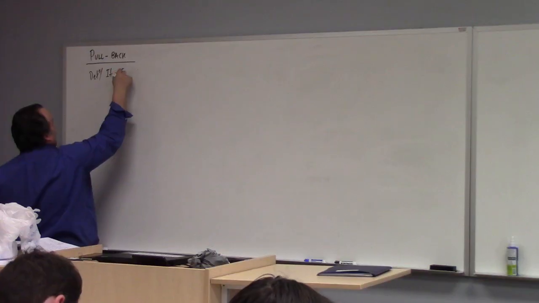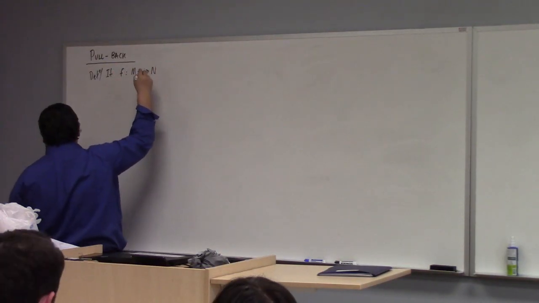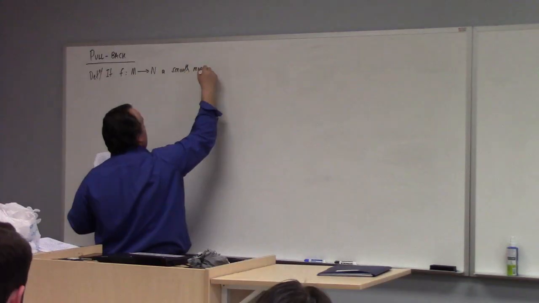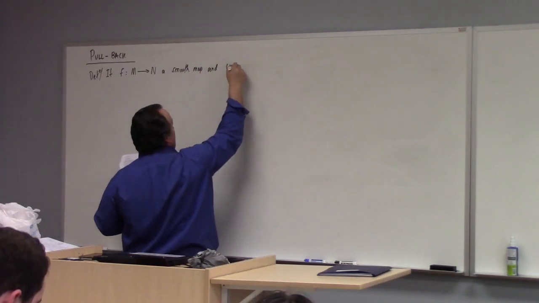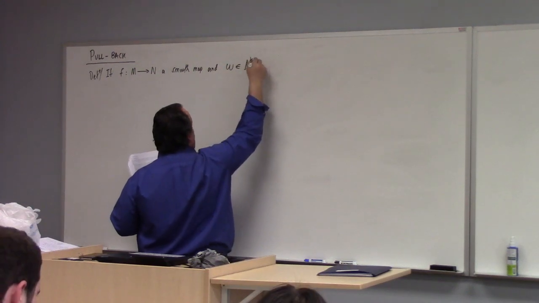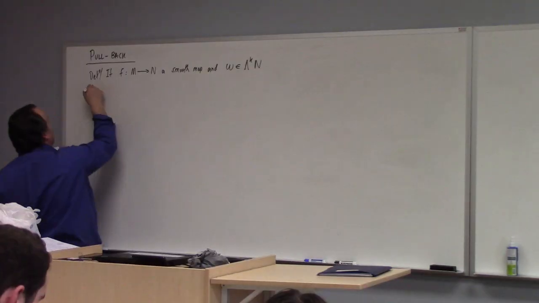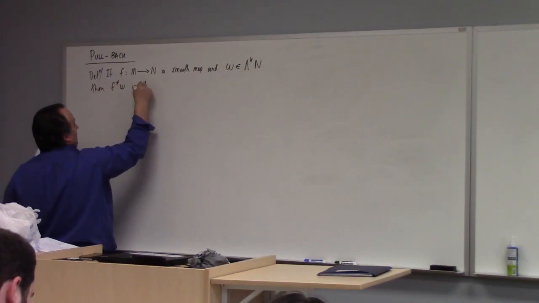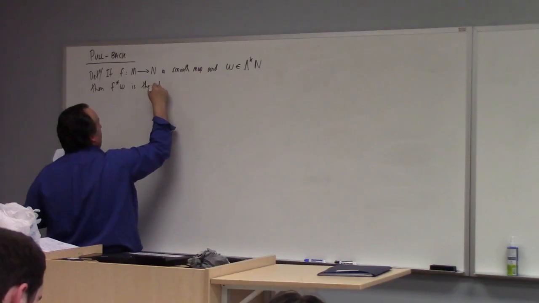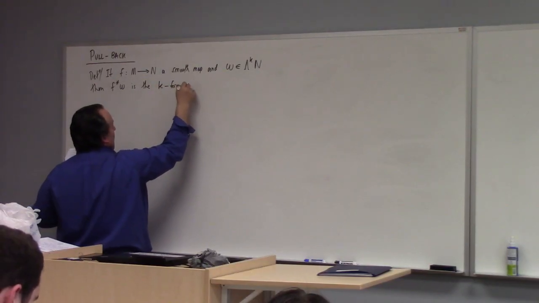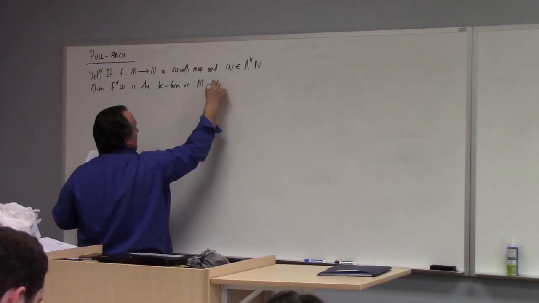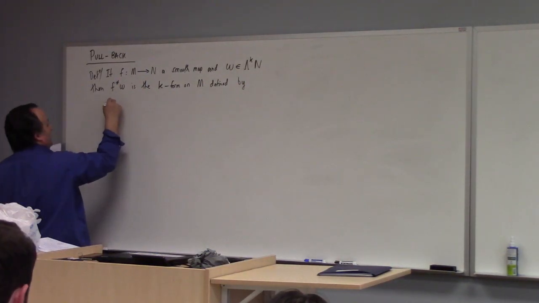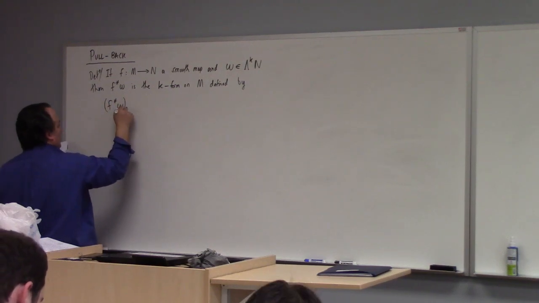If F is a smooth map from M to N, and omega is, let's say, a K-form on N, then the pullback under F of omega is the K-form on M defined by F pullback omega of P.